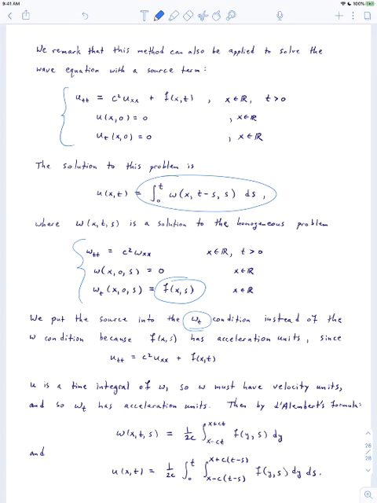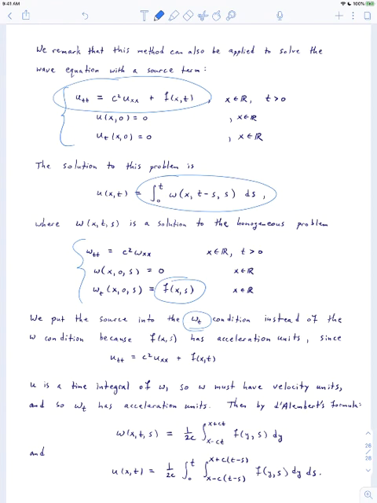Now why is that? This source term is an acceleration. That is to say, it has acceleration units. If you go back to our original differential equation, you have that u_tt, that's acceleration, is equal to c squared times the second partial with respect to x of u plus the source term. So that means that the source term must be some form of acceleration.